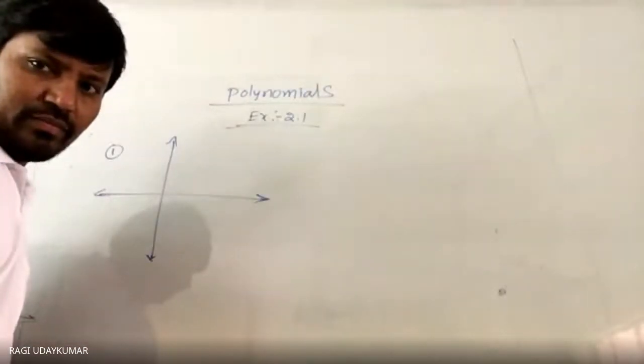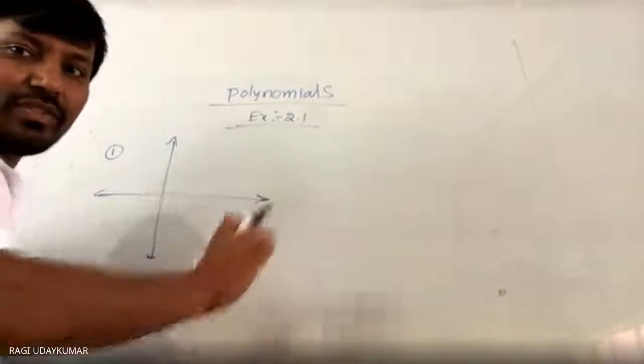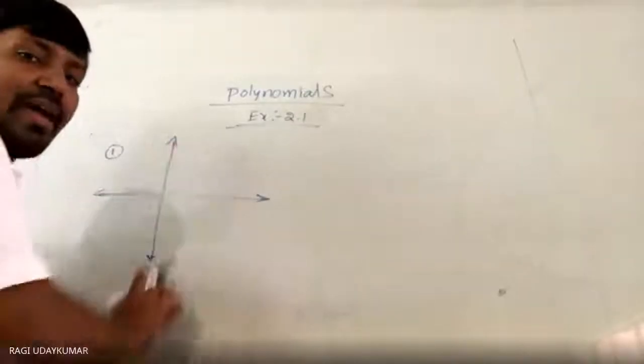Can anyone tell? X-axis. What is this horizontal line called? It is the x-axis, and this is the y-axis.